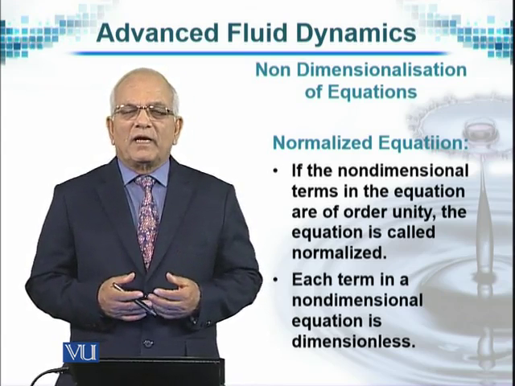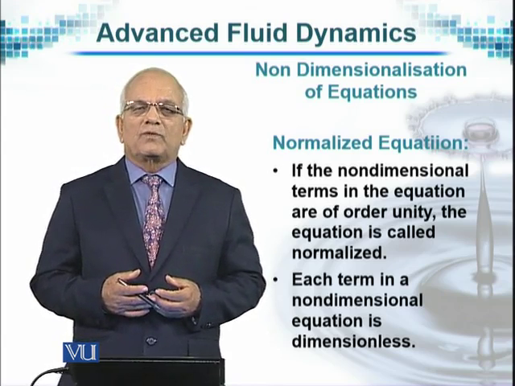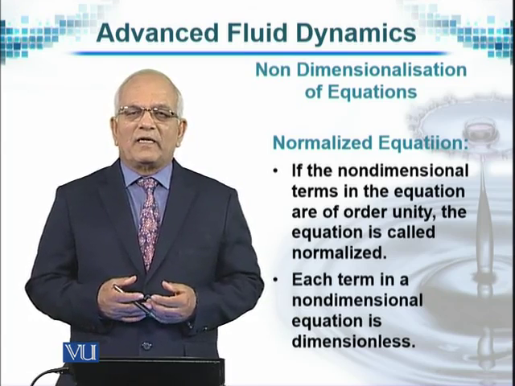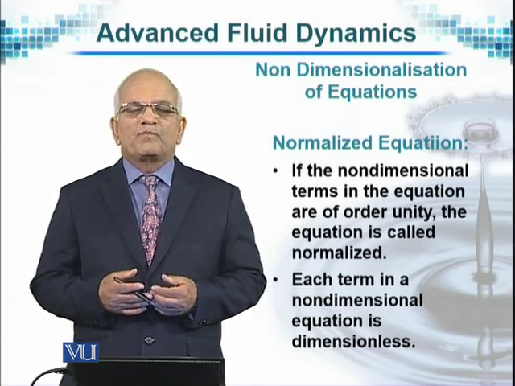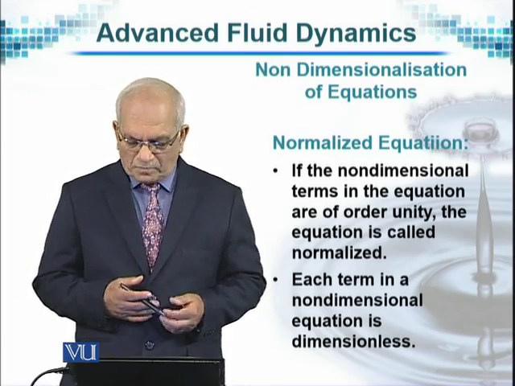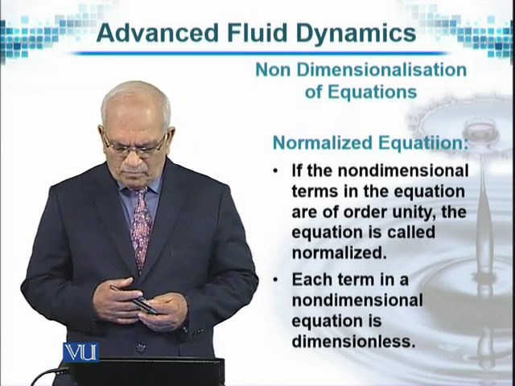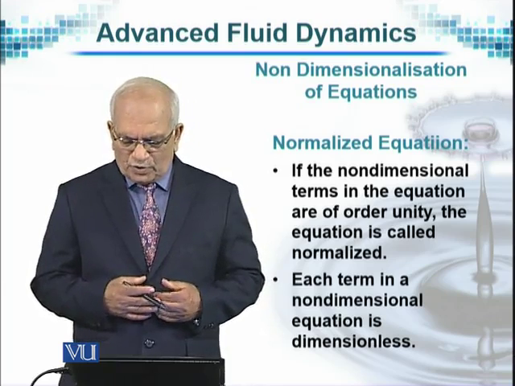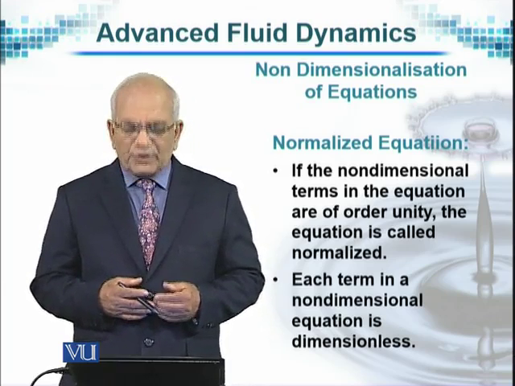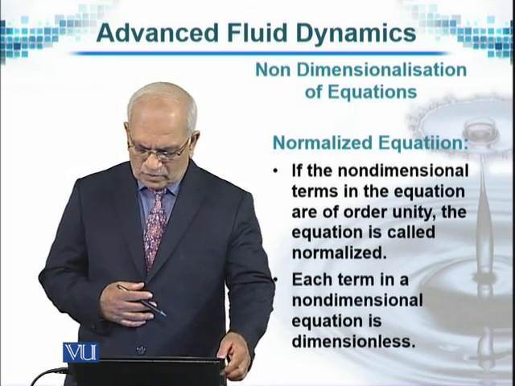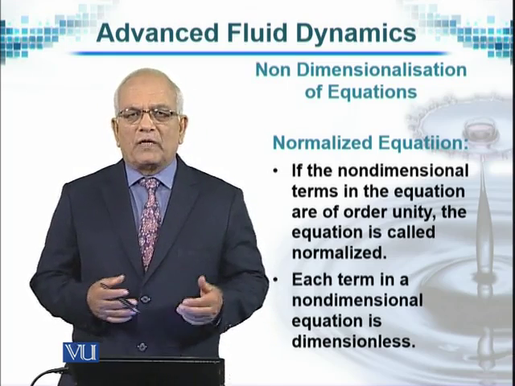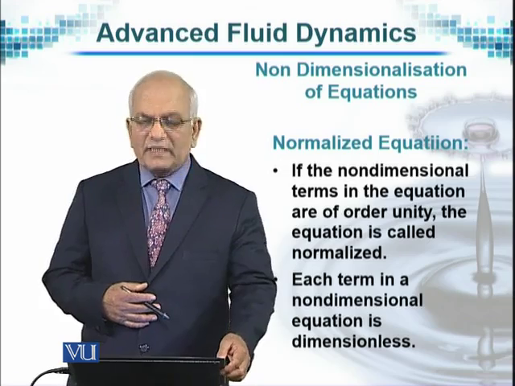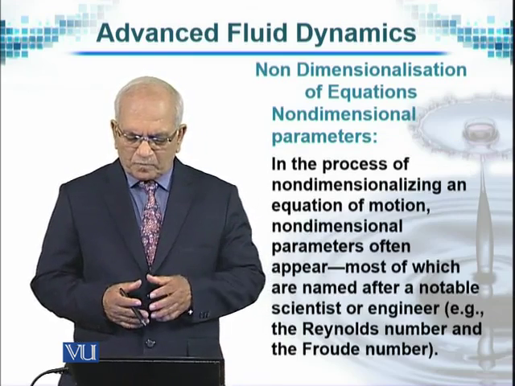But then it becomes equal to sort of 1, and it becomes non-dimensional and normalized. Each term in a normalized form is dimensionless. Of course, non-dimensional means that it is dimensionless.